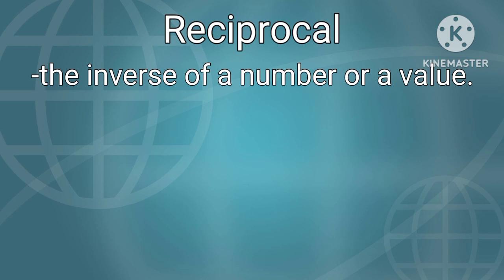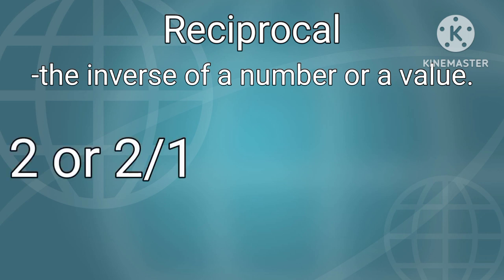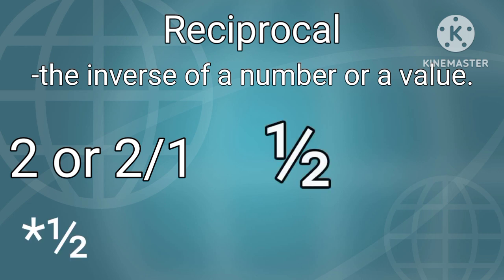Let's take the number 2 as an example here. 2, or 2 over 1, if we invert it, basically switching the numerator and denominator, becomes 1 over 2. So the reciprocal of 2 is 1 half.